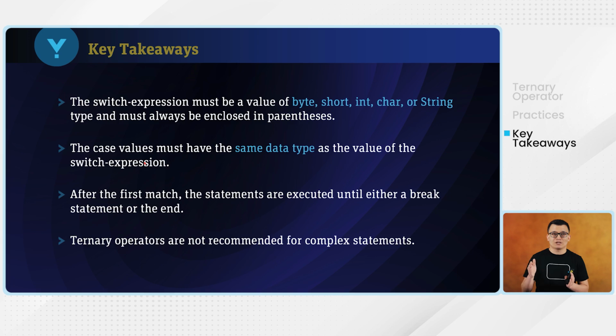So whatever value you pass in the switch statement's expression, the case value has to match. Okay. And after the first match, the statement executes until there is a break statement or it reaches the closing curly brace of the switch. Meaning that if you don't give the break statement, the next case block would continue to be executed until it reaches another break statement or the closing curly brace of the switch.